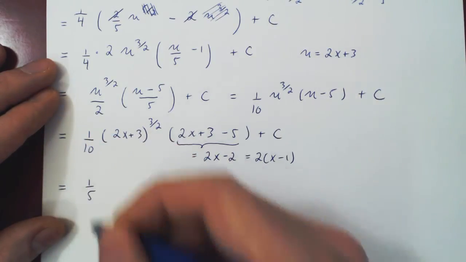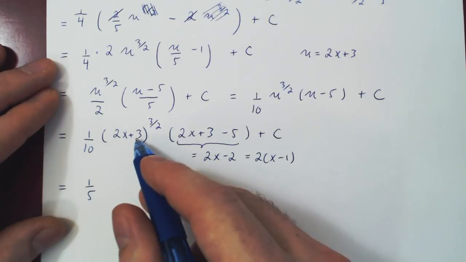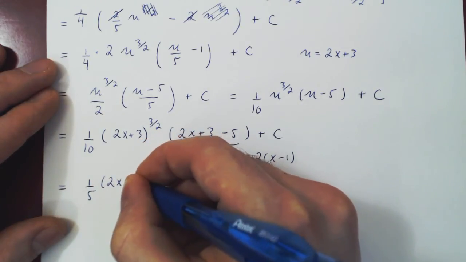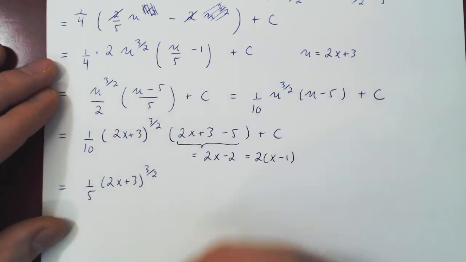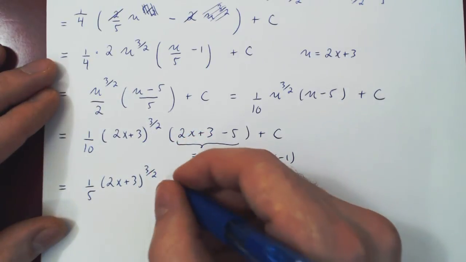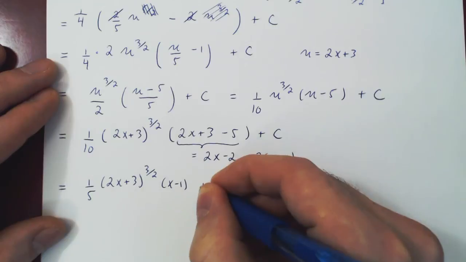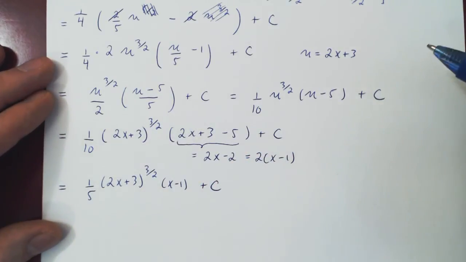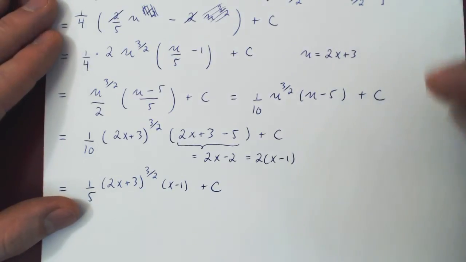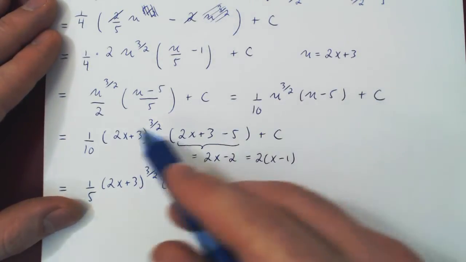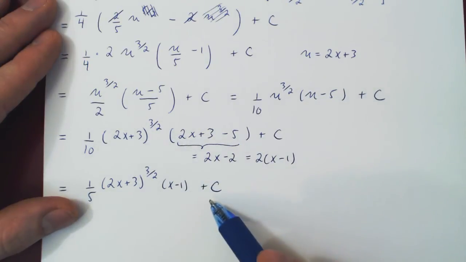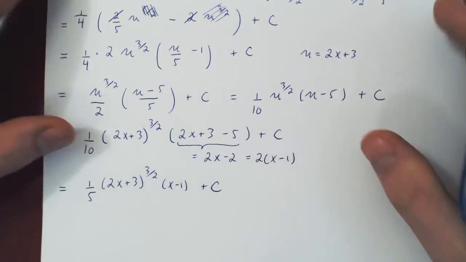So we get 1 over 5, (2x plus 3) to the 3/2, times the leftover of (x minus 1), plus of course c. Here's our final answer, fully simplified. But this was just the boring part, just straightforwardly replacing u in terms of x and simplifying the answer in terms of x.